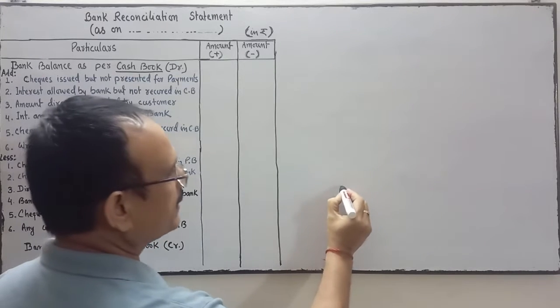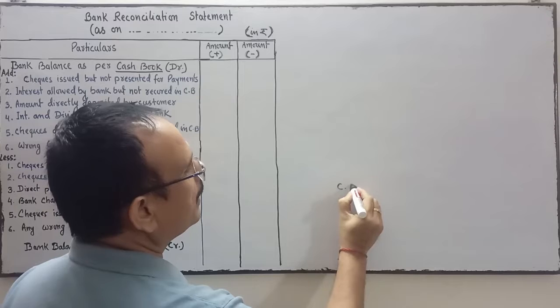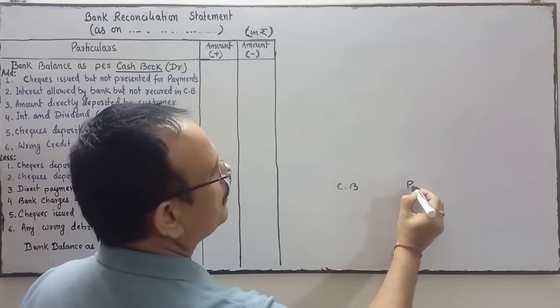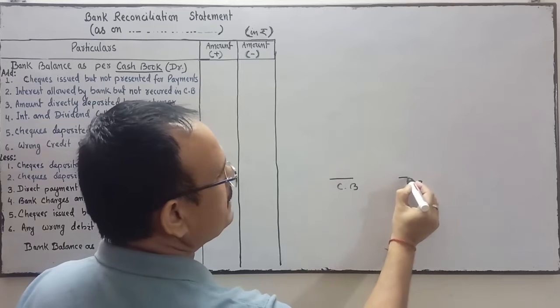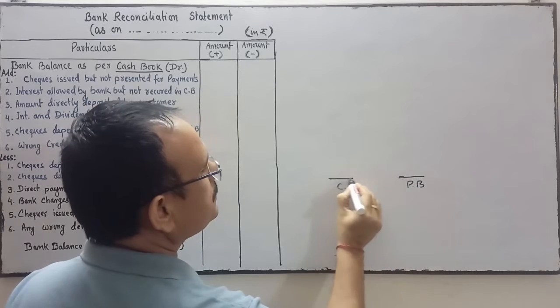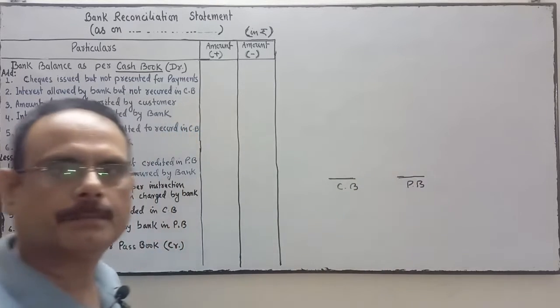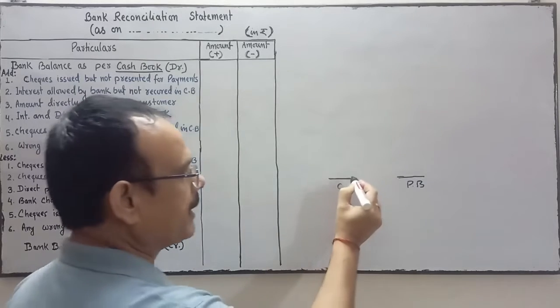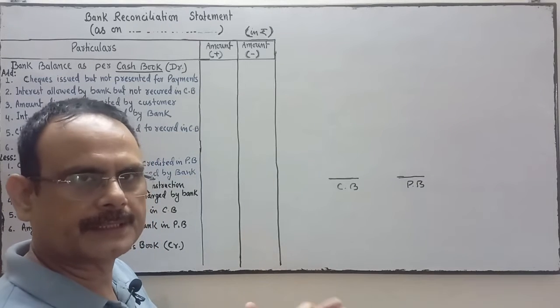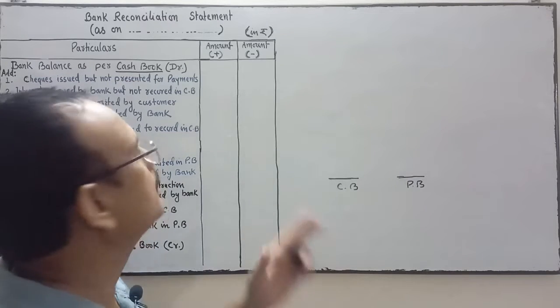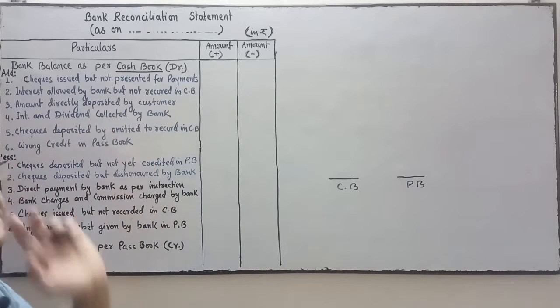Suppose the cash book and passbook balance of both the books is the same at present. Now you see, a check is issued by the firm, by the business, but not presented for payment.